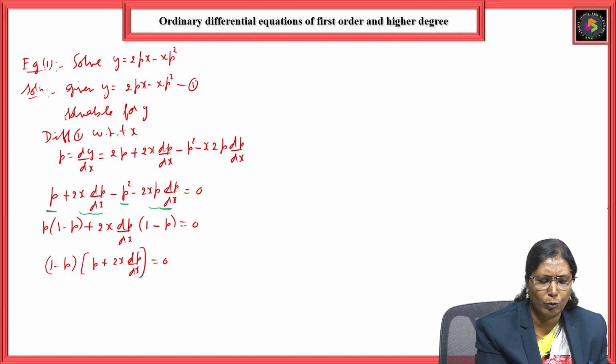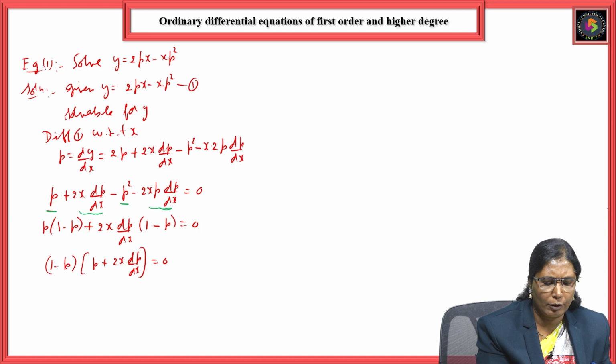Now see here, you have two factors. The first factor does not contain dp by dx. What I told is that the factor which does not contain dp by dx gives the singular solution. So no need of including that term.